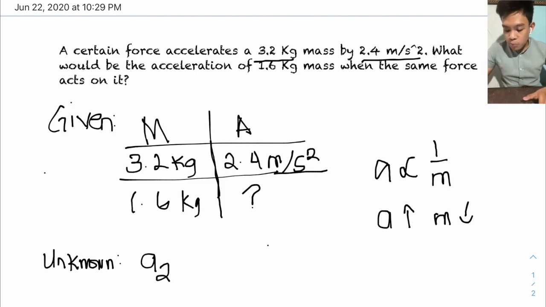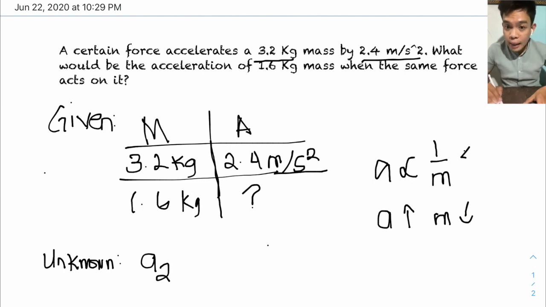From 2.4 meters per second squared, going with our concept that the acceleration is inversely proportional to its mass, our predicted value should be, if the mass of the object becomes 1.6 from 3.2, it was cut in half, then the acceleration should be doubled.